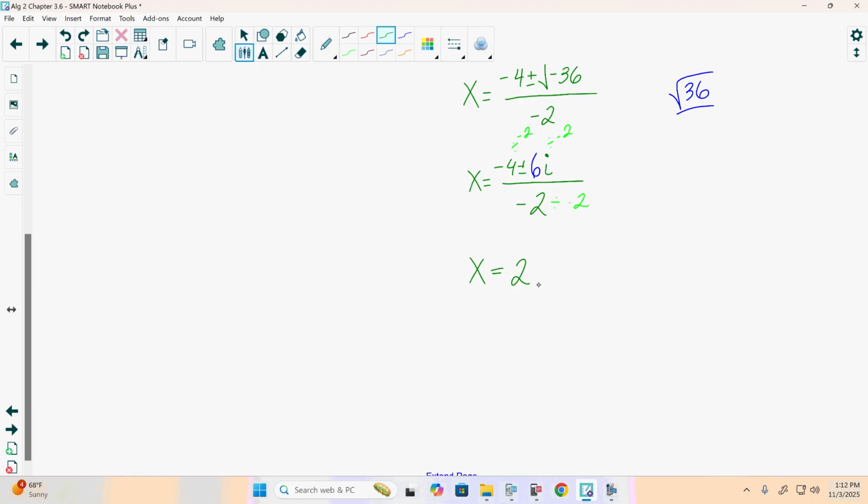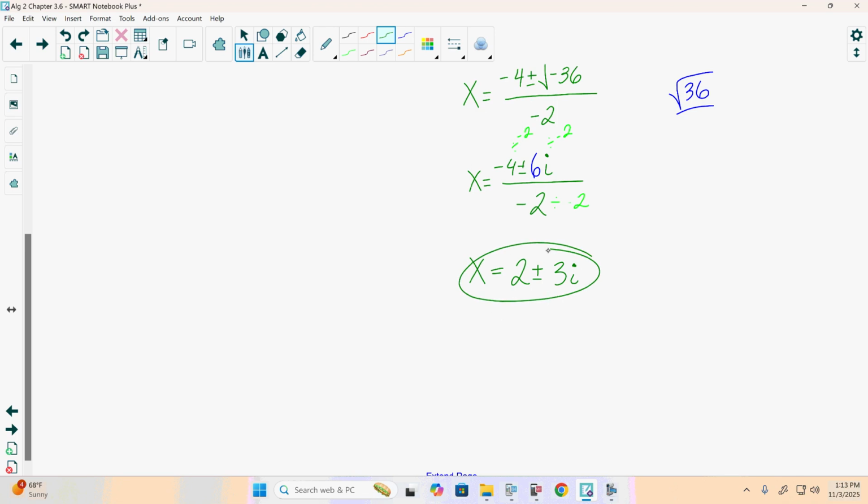The plus and minus. The plus becomes a minus and the minus becomes a plus, so it just stays plus and minus. So really, for the 6i, we're not so much concerned with the negative because all it did was flip the plus and minus. 6i divided by 2 is 3i.